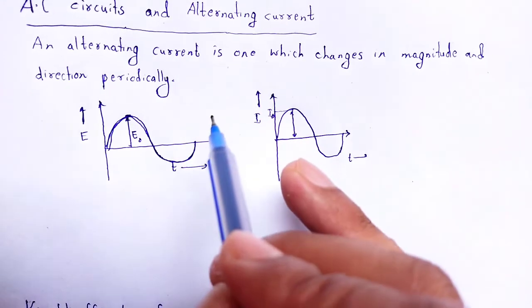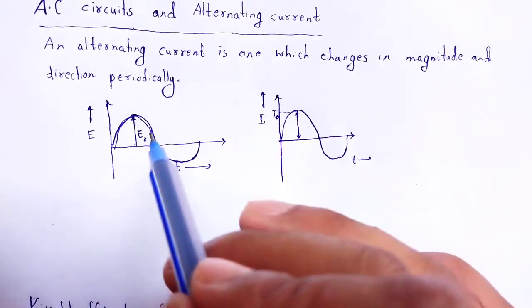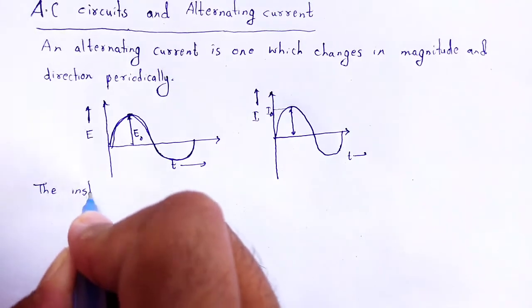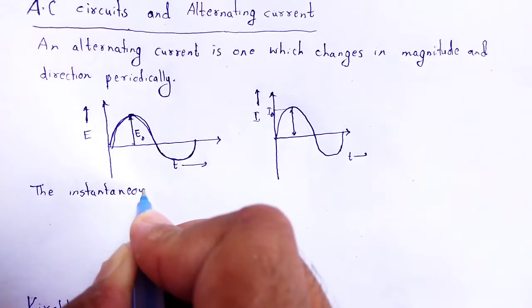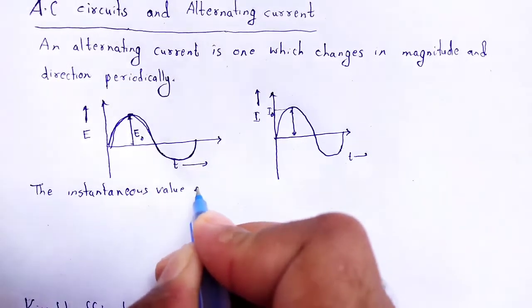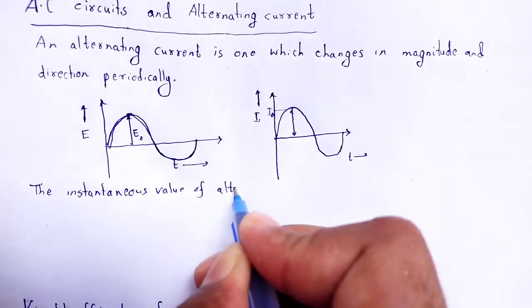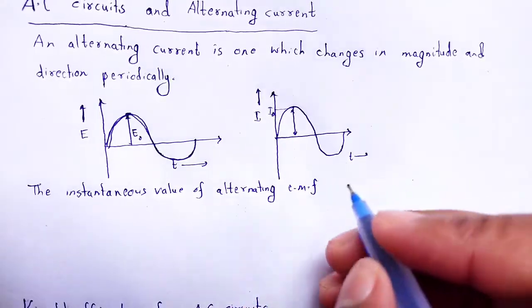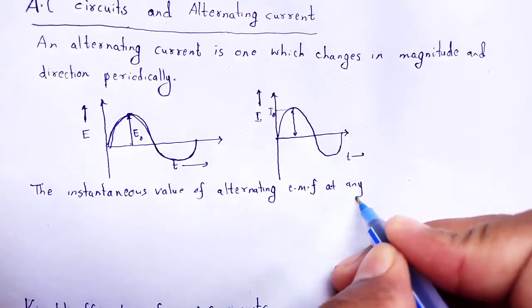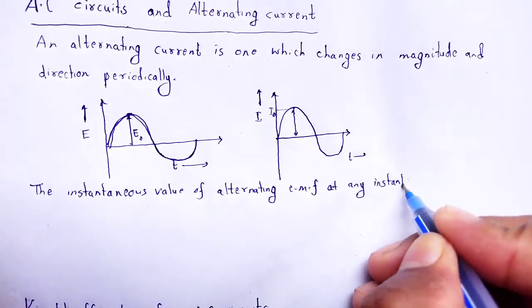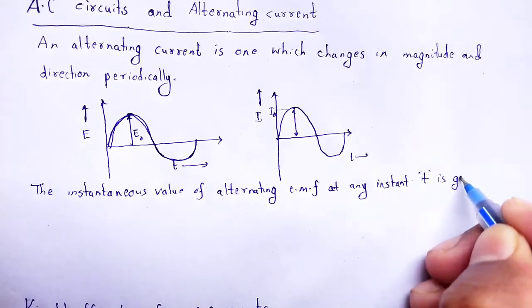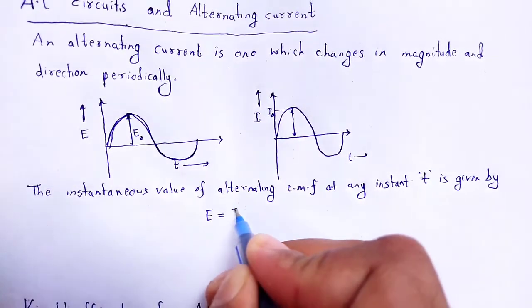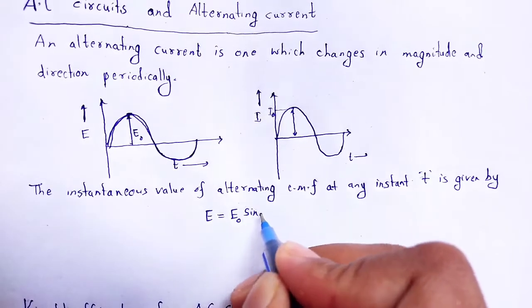So the instantaneous value of alternating EMF at any instant t is given by E is equal to E naught sin omega t.